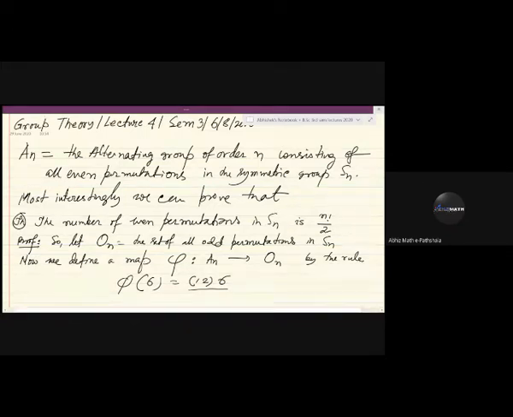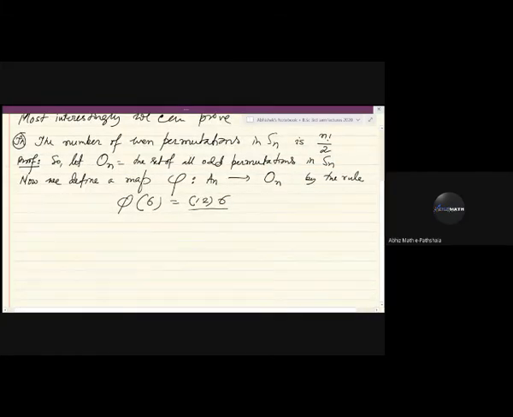So this is a map. Now our aim is to show that this phi is a bijection, which results in our proof. That means once you show that phi is a bijection, you have proved that the number of elements in An is equal to the number of elements in On.